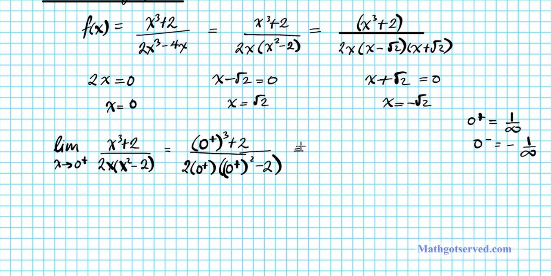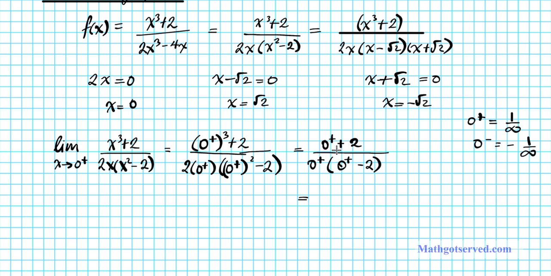A very small positive number to the third power is still going to be a really, really small positive number, plus 2, divided by 2 times a really, really small positive number, which gives you a very small positive number, times a very small positive number squared, which is still a very small positive number, minus 2.